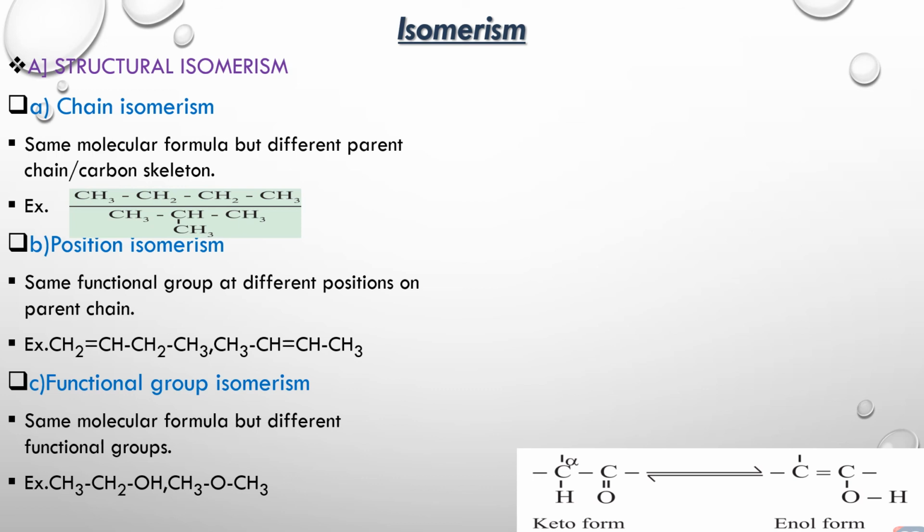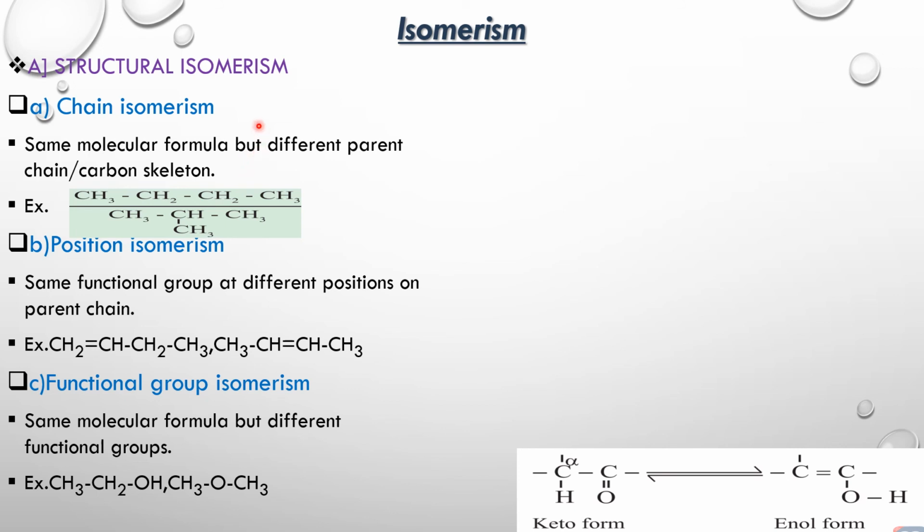So isomerism, first structural isomerism. There are 5 different types of structural isomerism, as we have just seen. First type is chain isomerism. In this case, I told you that these isomers have the same molecular formula but different parent chain or carbon skeleton.